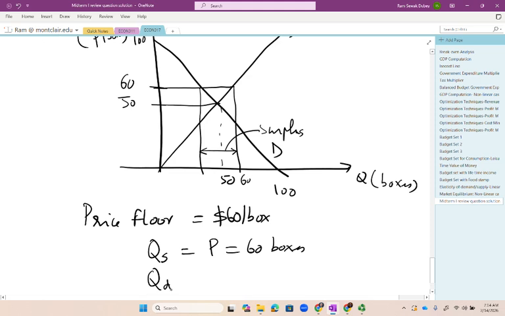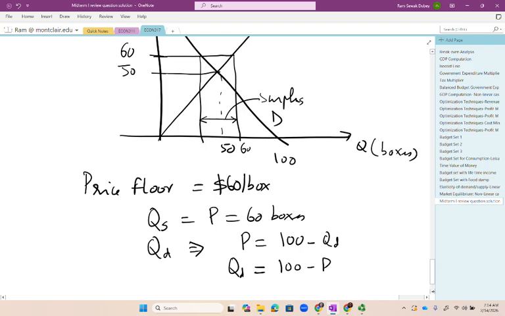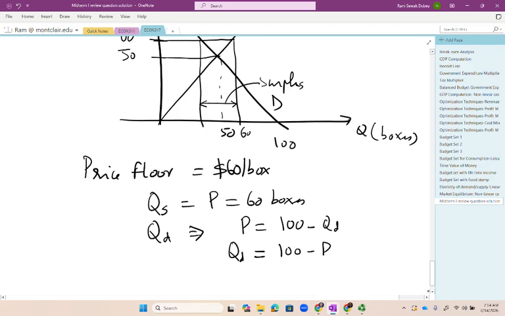Quantity demanded is, so you see, the inverse demand is P equal to 100 minus Q. I can rewrite it to obtain Q, the demand, as 100 minus P by simply moving the P on the left hand side to the right hand side, it will go as negative, and quantity demanded moves to the left from the right hand side and again changes sign. So quantity demanded turns out to be 100 minus 60, 40 boxes.